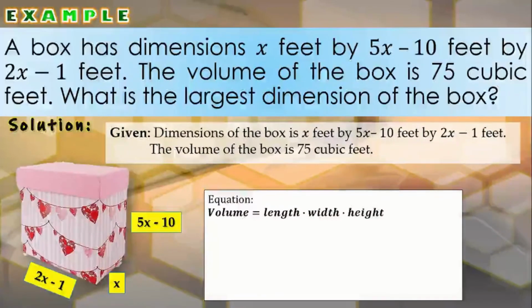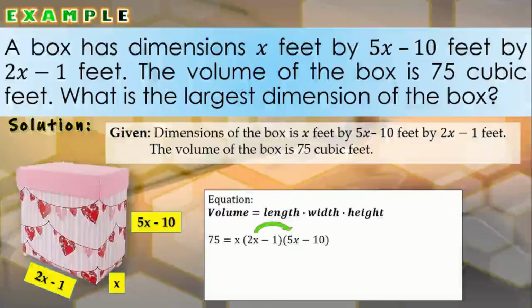Okay, so our equation, since the volume is already given, then volume is equal to length times width times height. Now, the volume is 75. Then, ang equation natin is 75 is equal to x times 2x minus 1 times 5x minus 10.